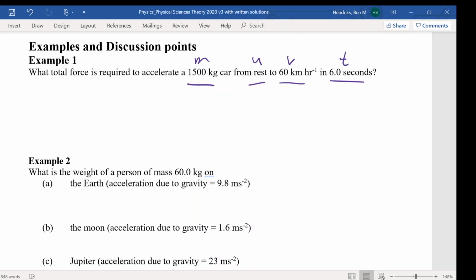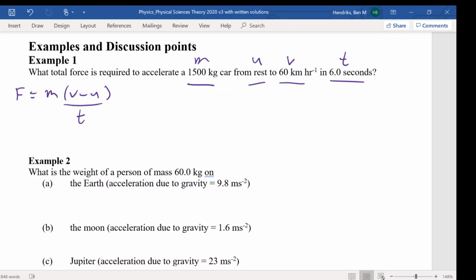In our formula sheet, I want to remind you of another equation. We have F equals ma, but we also have F equals m times (v minus u) over t, the final velocity minus the initial velocity over time. All that is doing is substituting our equation of motion for acceleration into the F equals ma equation.